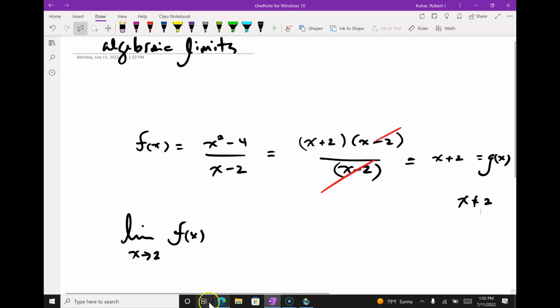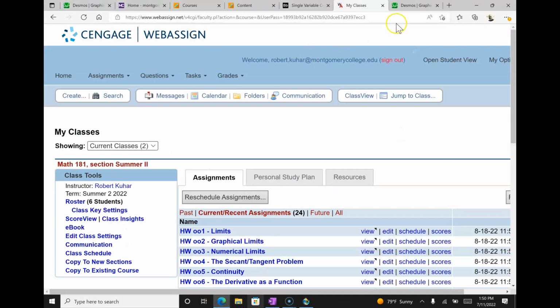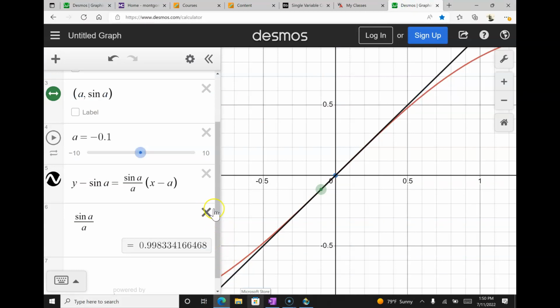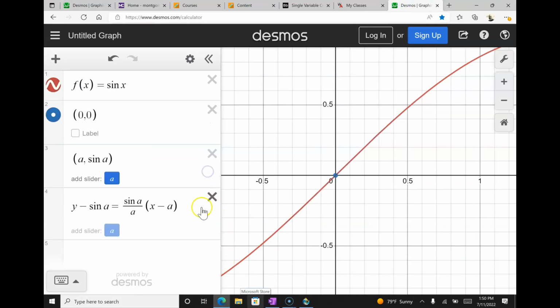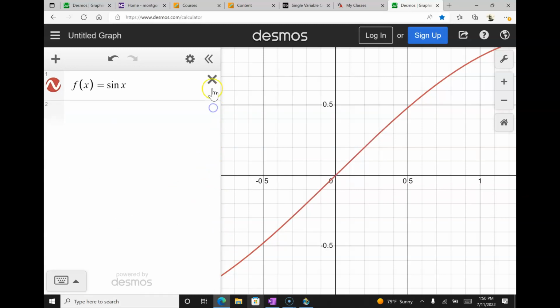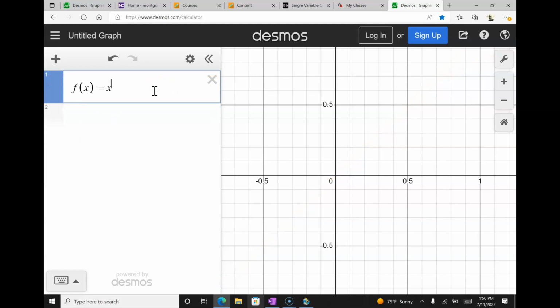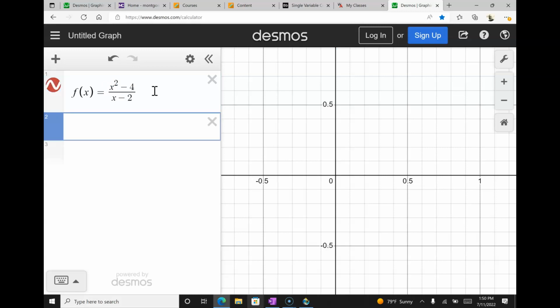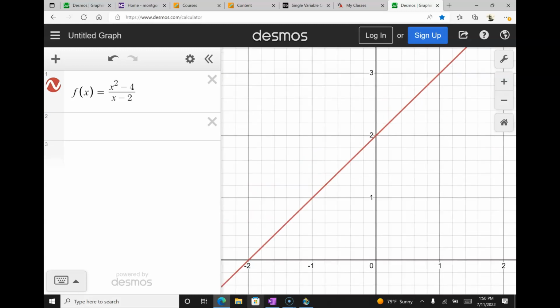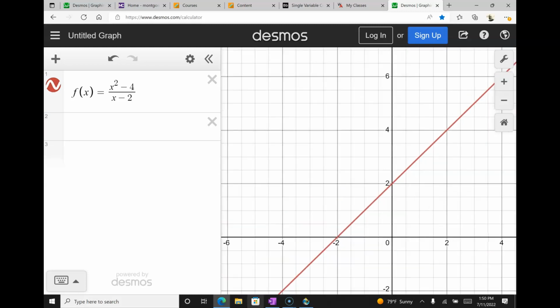In fact, and you can do this on Desmos with me, if I go to Desmos and I graph f of x as x squared minus x minus 4, all divided by x minus 2, I graph the line.